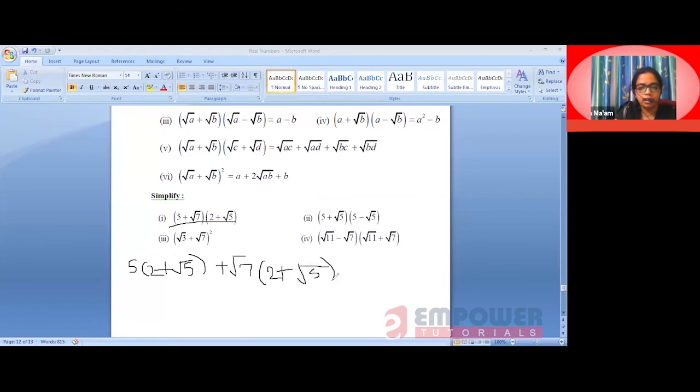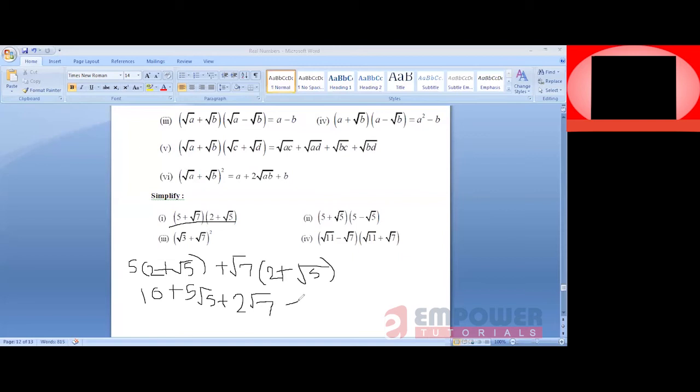Now 5 into 2 is 10, because this is a rational number, you can multiply. Plus 5 root 5. Plus 2 root 7. Then plus root 35.